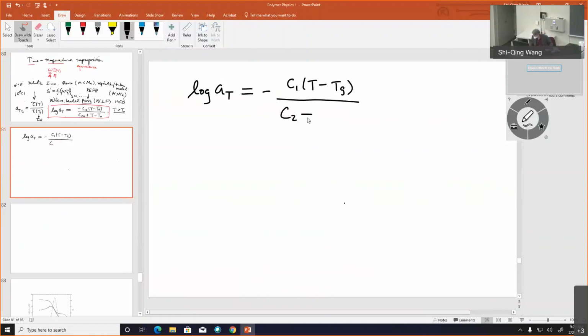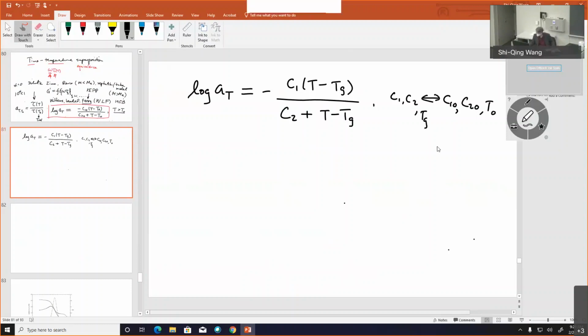Then the book offers the relationship between C1, C2 versus C10, C20, and T0, and presumably TG. That formula is 54A and B, 54 and 56 in the book.